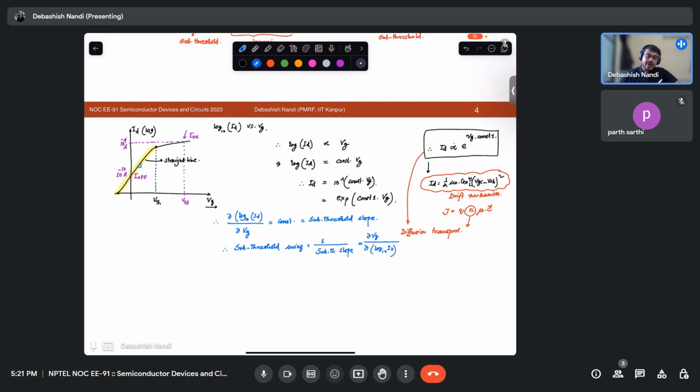This is a very important parameter in the case of digital circuits. The steeper the subthreshold slope is, the smaller the voltage you require to turn the transistor off or on.